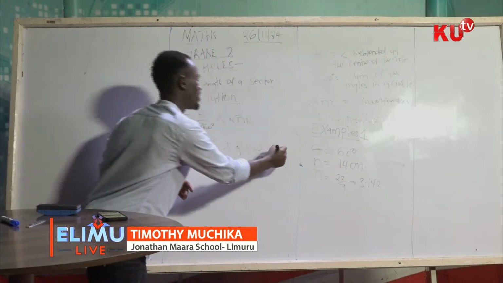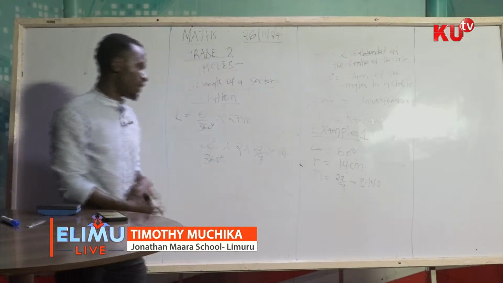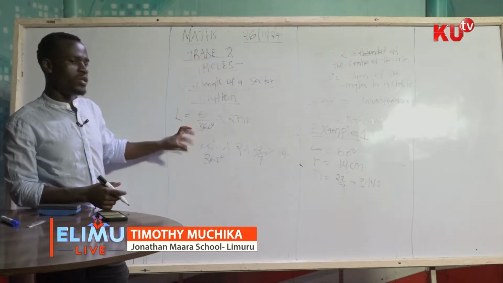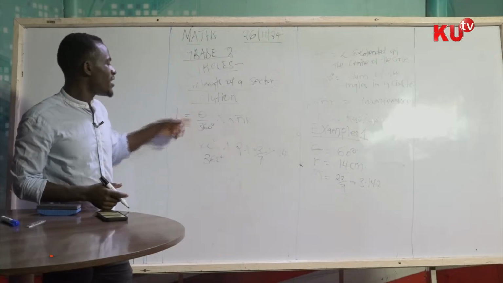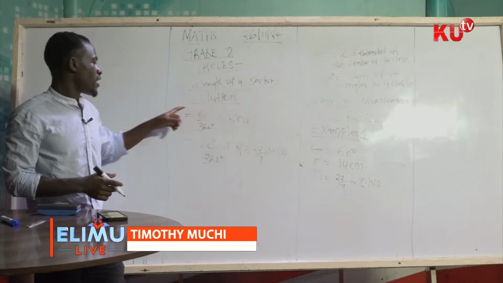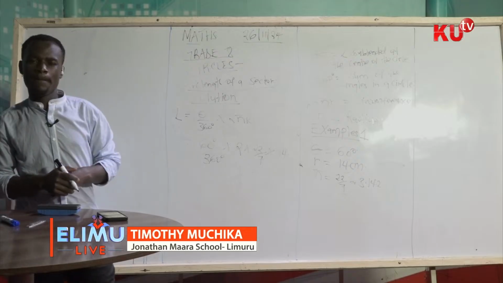So we have just substituted our values in our formula, theta over 360 times 2 pi r.